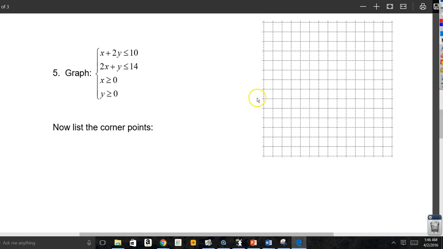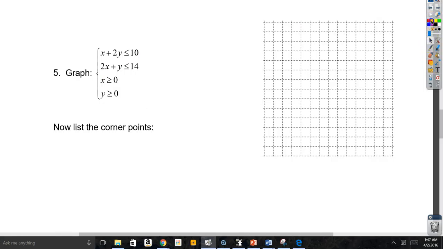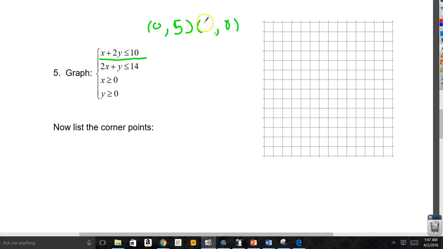So this one asks us to graph this. If I'm going to do this one first. If x is 0, y is 5. If y is 0, x is 10.